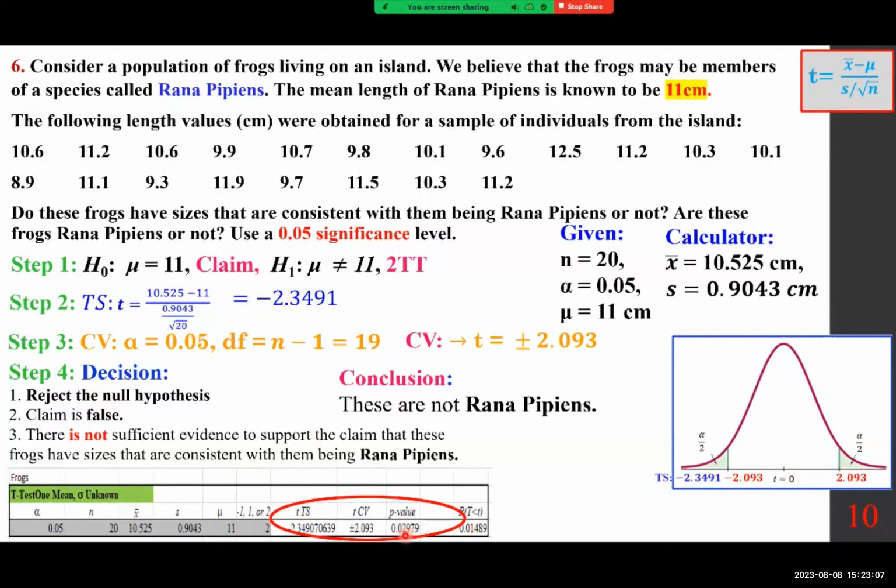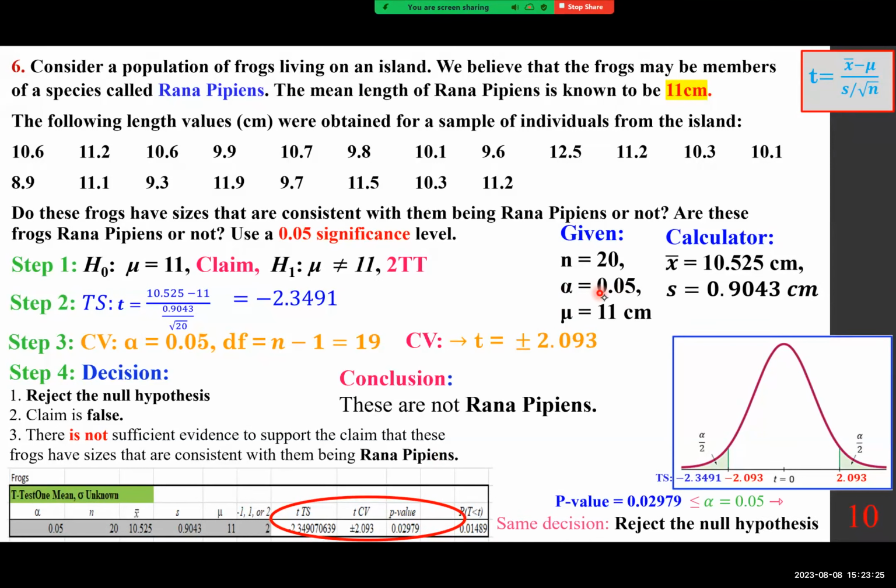The p-value is here, 0.02979, and you compare it to the choice of alpha, which is 0.05. This number is less than alpha. You have the same decision, which is rejecting the null hypothesis.